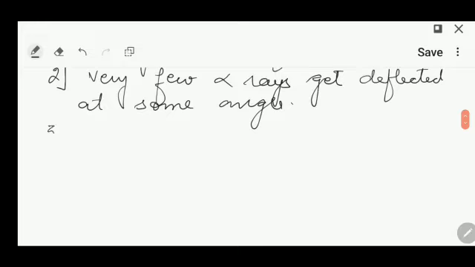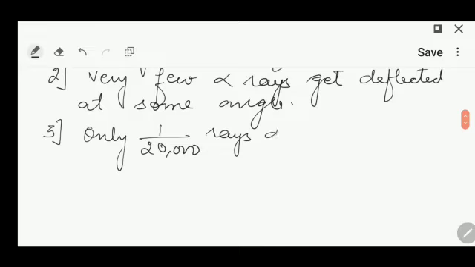And the last observation is that only 1 among 20,000 rays deflects back along the same line.